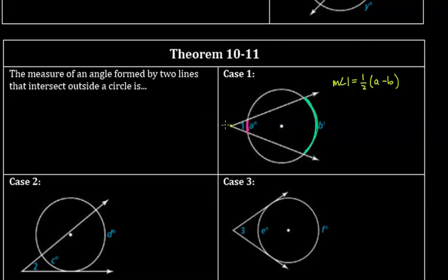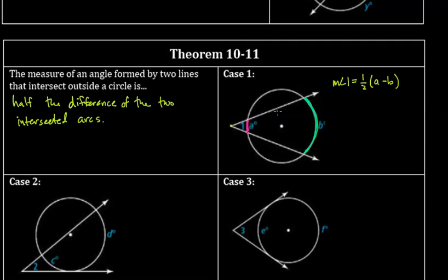So in words here, I'll say the measure of an angle formed by two lines that intersect outside a circle is half the difference of the two intersected arcs. So remember, difference is indicating that we're subtracting. So this is saying, subtract the two intersected arcs, take the bigger one minus the smaller one, and then cut that number in half, and that will be the measure of your angle.